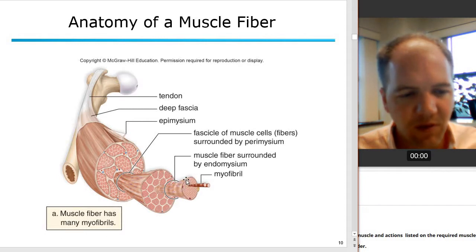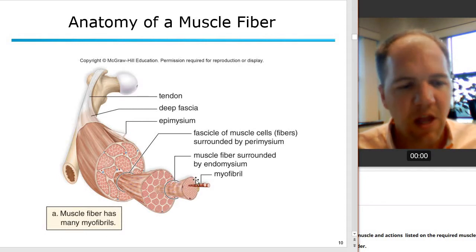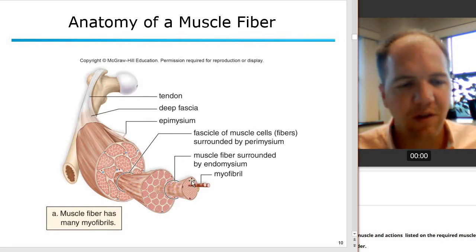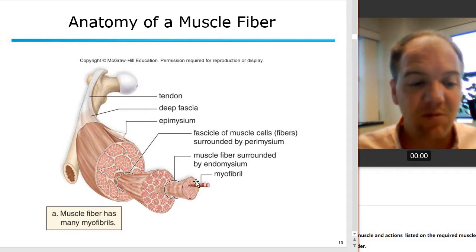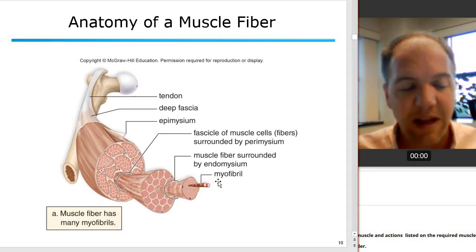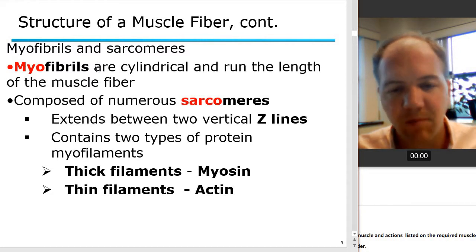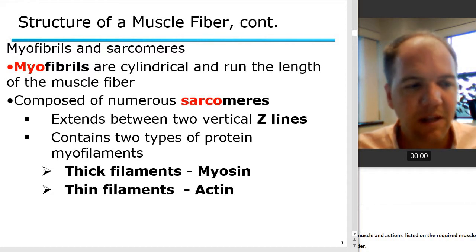This is a single muscle fiber that's popped out towards you, and each muscle fiber is surrounded by endomysium, a connective tissue covering around each individual muscle fiber. Now we're going to go a little bit deeper. Within each muscle fiber, we have myofibrils, which are, again, the protein pieces that make up the muscle fiber.